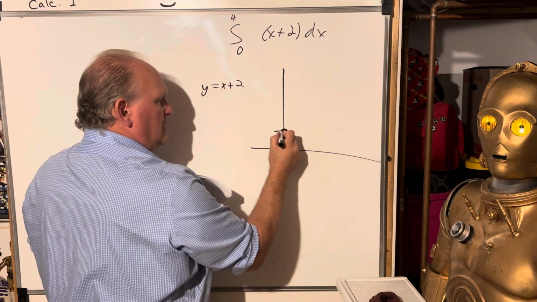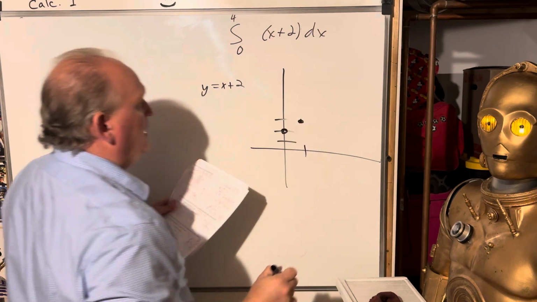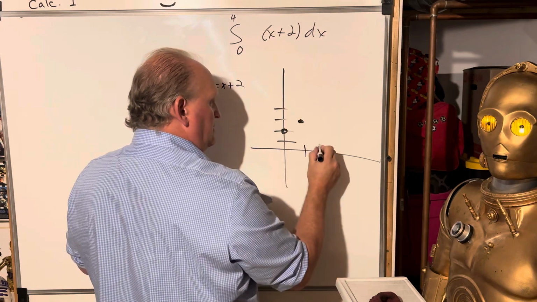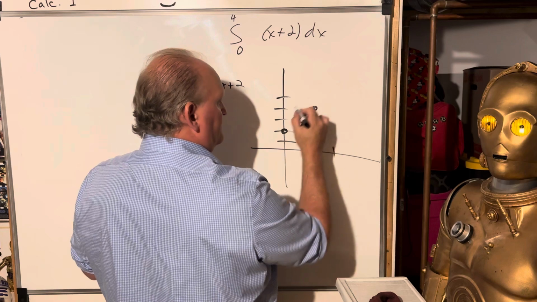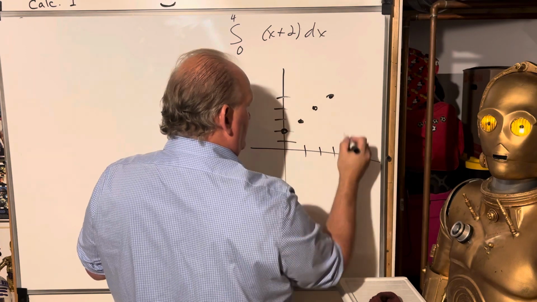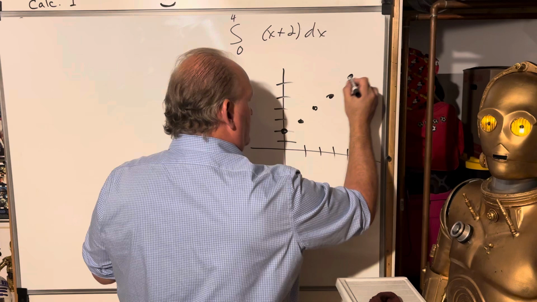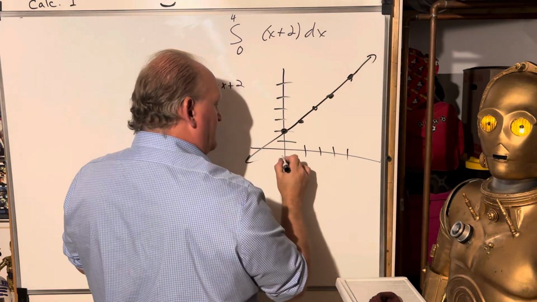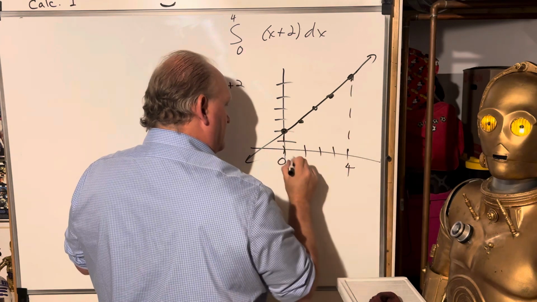We go to 2, that's our starting point. We go up 1 and over 1. And they want 0 to 4. So let's go up 1, over 1. Up 1, over 1. Up 1, over 1. So there's our line, but they want it from 0 to 4.